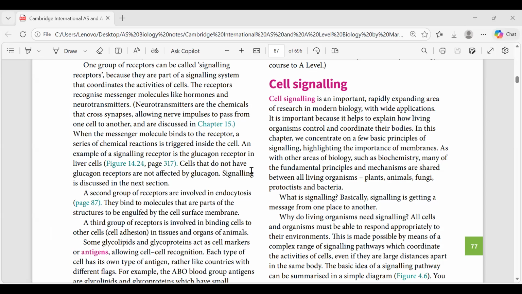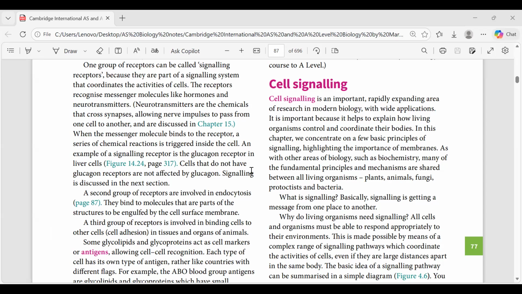Similarly, in our body, in living organisms, there is a need of signals. All cells and all organisms respond appropriately to their environment. It is a necessary condition that all organisms have to appropriately respond to their external environment. Not only external but the internal environment. Right now we are discussing the internal environment.